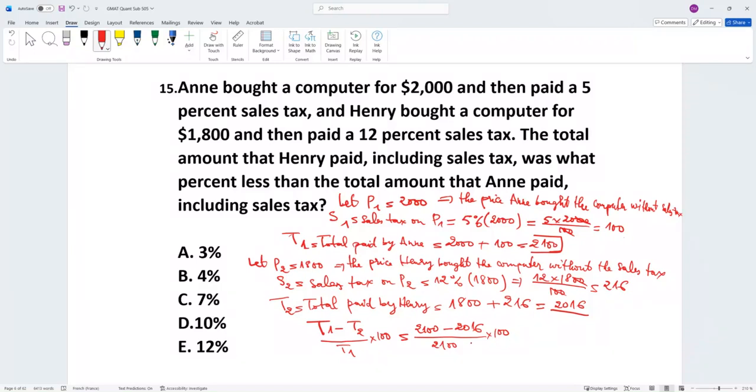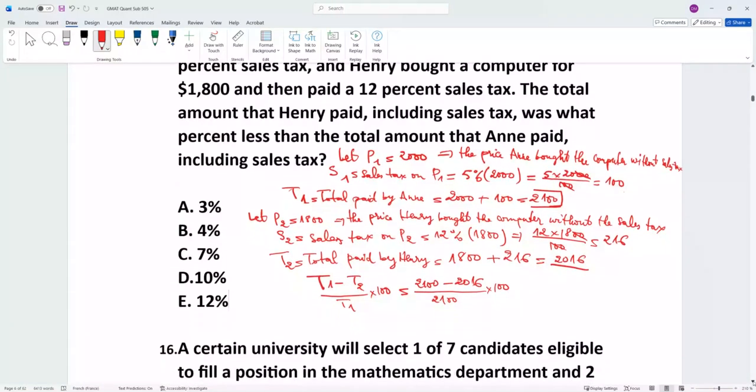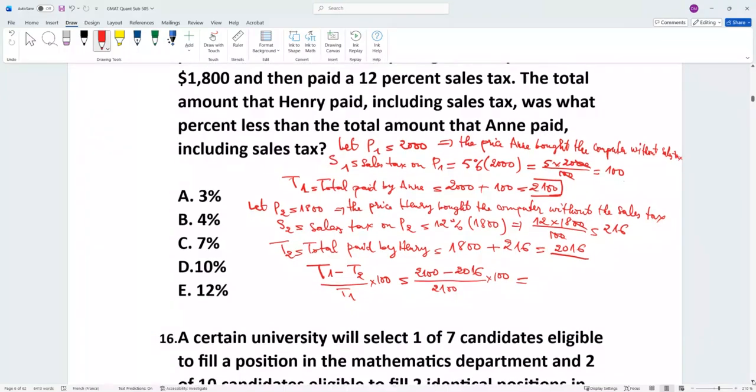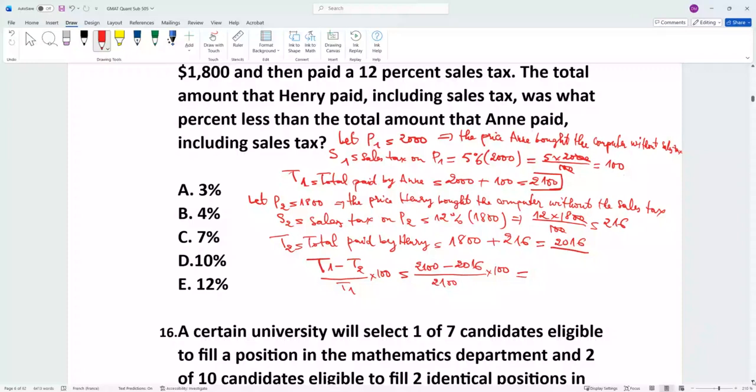Okay, and so this is going to give us, let me remove the 100 here, and now you will see why. So T2 like this, okay?